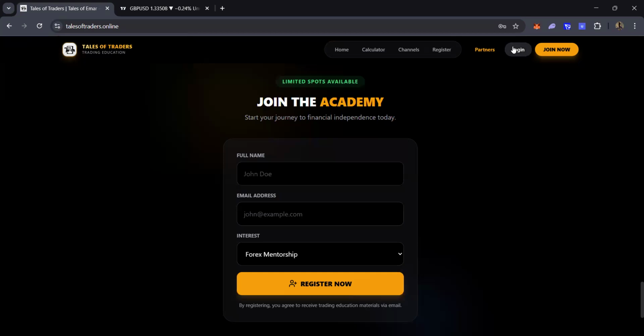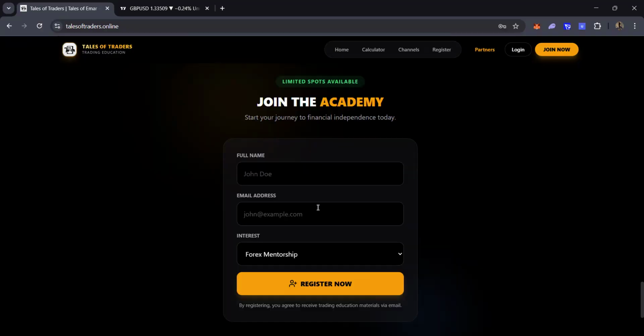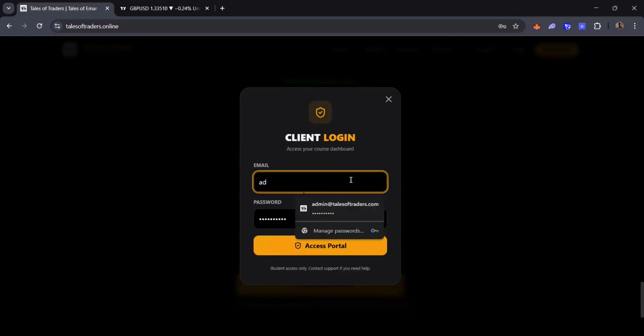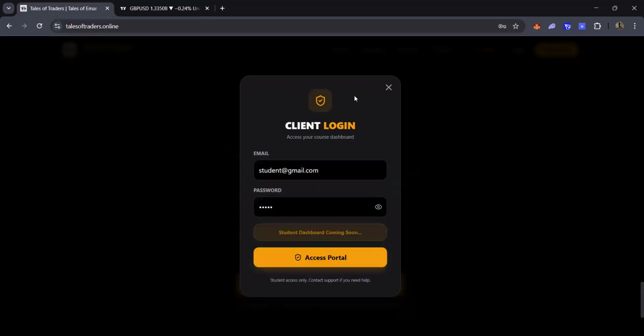When you click login, if you try to put in a password or an email, for example the student email, it captures anything, and even though you fill it in, it will just tell you that there's a dashboard coming soon.